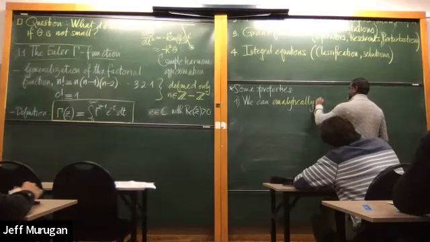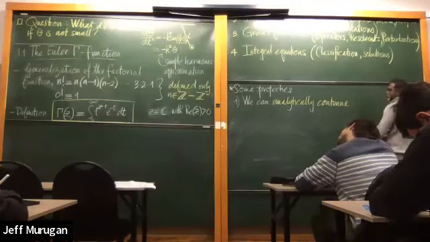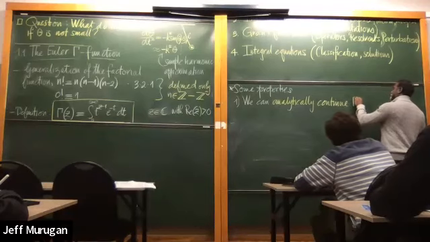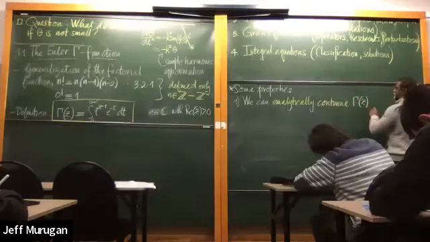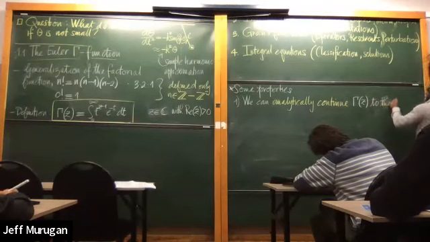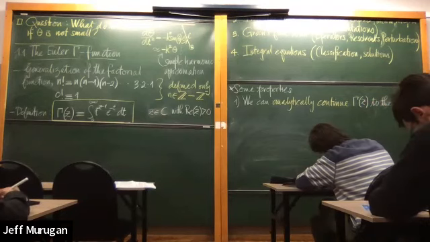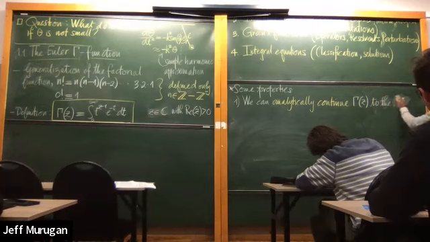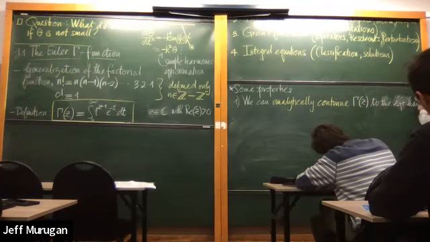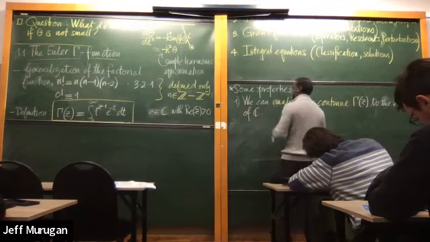So we can analytically continue gamma of z to the left half complex plane. Oh, sorry, that's the lower half plane, right? Left complex plane.